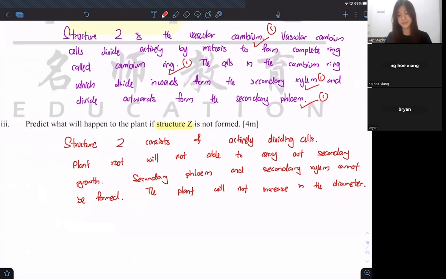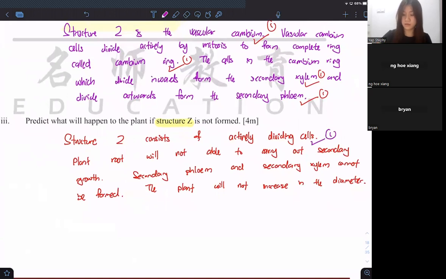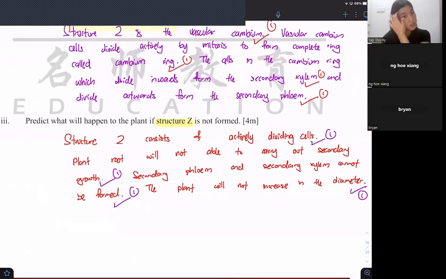Like this, 4 points here. Later we do the last question about secondary and primary growth, and we'll learn the last part, which is the tree growth curve of the plant.